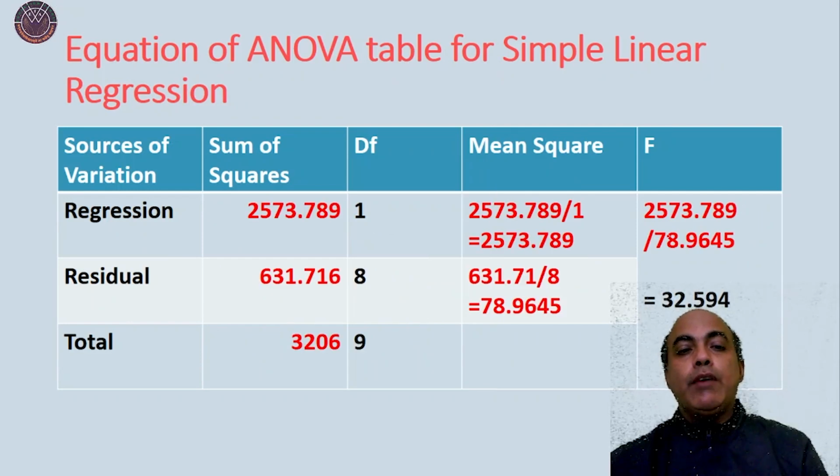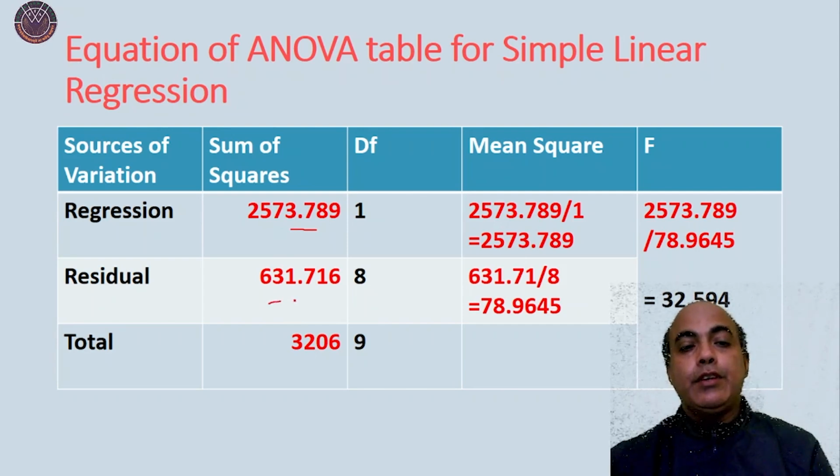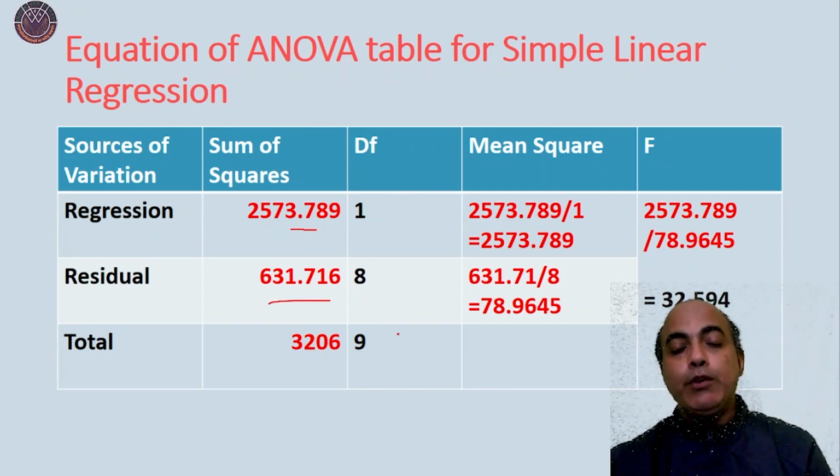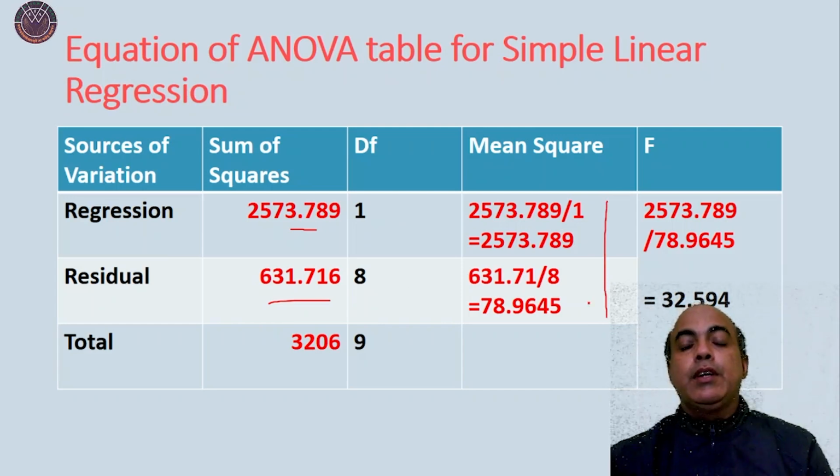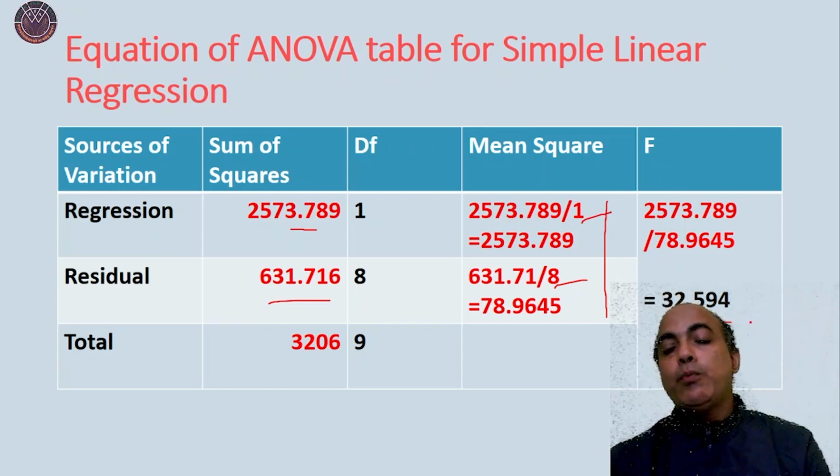So in our example, we have got regression, this was the value. You can see that table. And then residual is this one. And by using the same formula, we have got the mean squares, dividing by degrees of freedom. And then we have got the F value of 32.594.